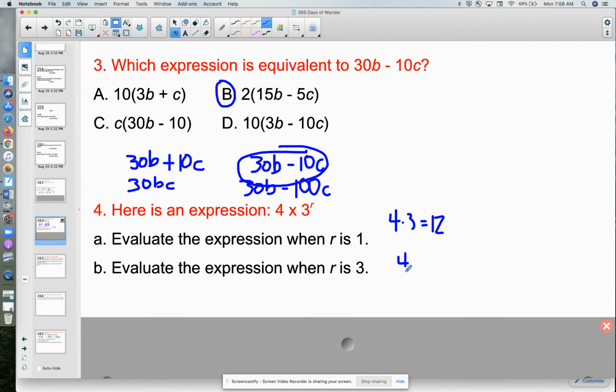So 4 times 3 times 3 times 3. So 3 times 3 is 9. 9 times 3 is 27. And then 27 times 4. 108, right? Okay.